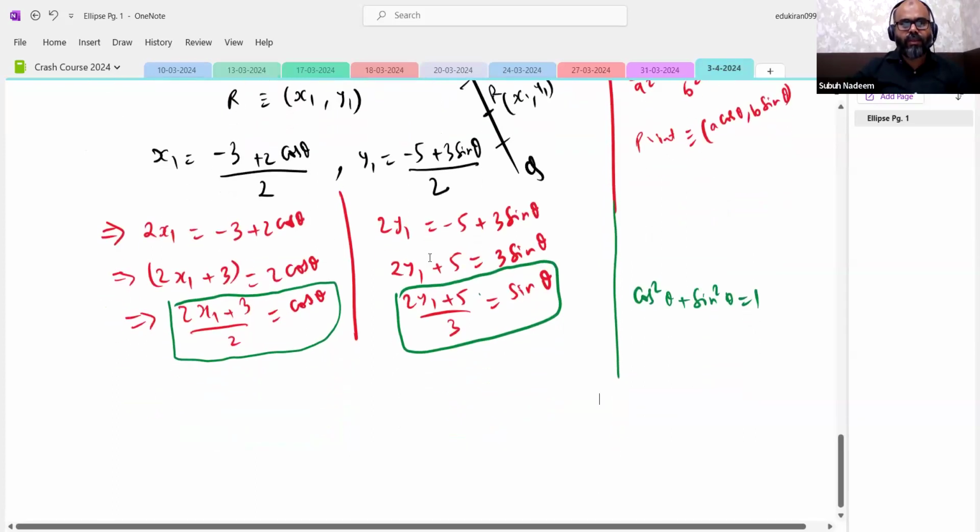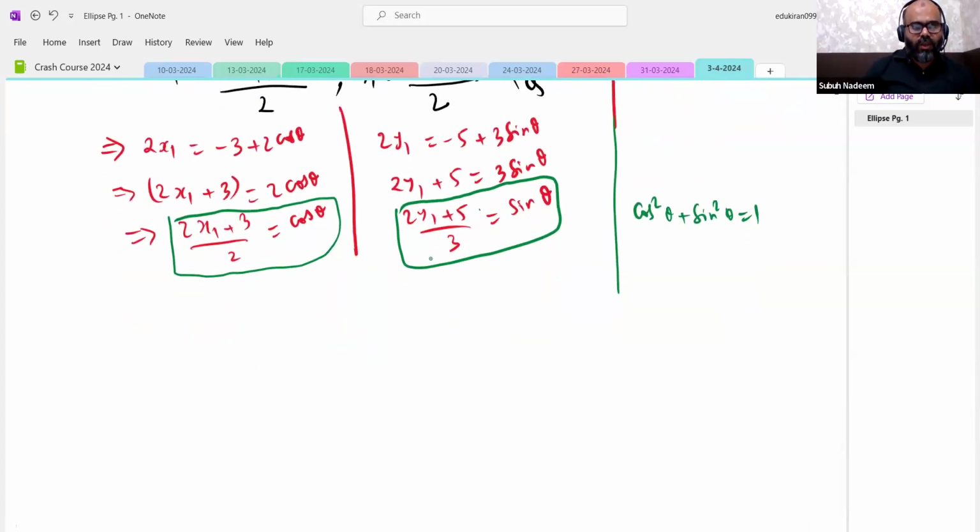Cos theta is (2x1 plus 3) by 2 whole square, and sin theta is (2y1 plus 5) by 3 whole square.